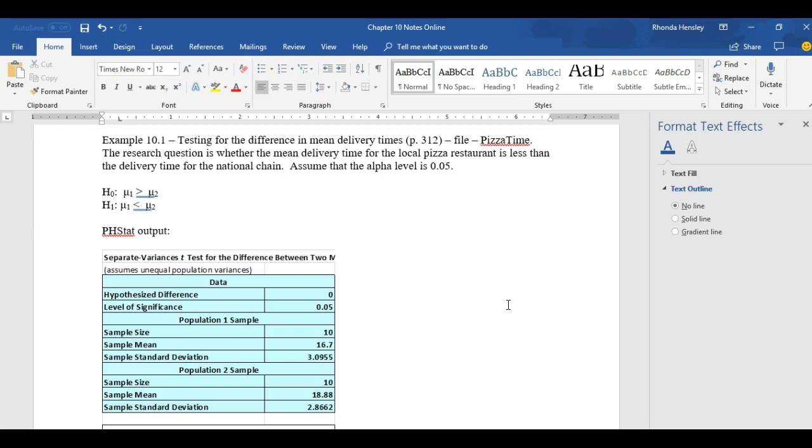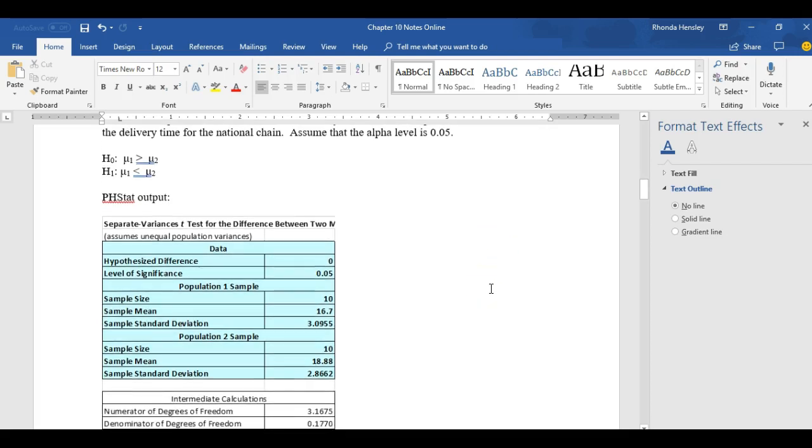Now, you automatically know this is a one-tailed test, and assuming that our local pizza restaurant is the first sample, the mu1 population, we would write our alternative hypothesis as mu1 is less than mu2: delivery time for the local restaurant is less than the chain. And our null hypothesis is mu1 is greater than or equal to mu2.